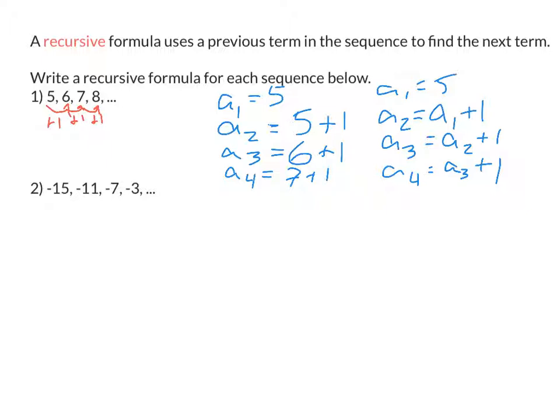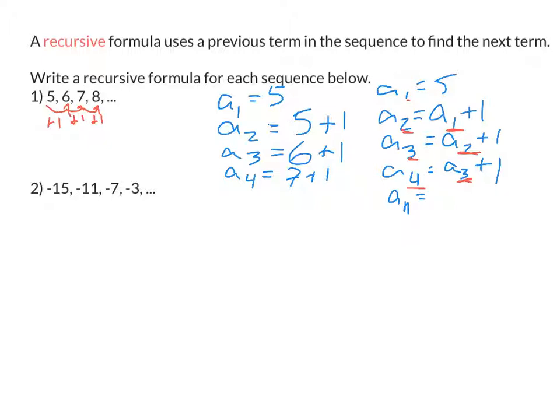So how can we write something for the nth term of this? If you notice, whatever number I have written here, be it 4, 3, 2, the number in the equation for it is always 1 less.